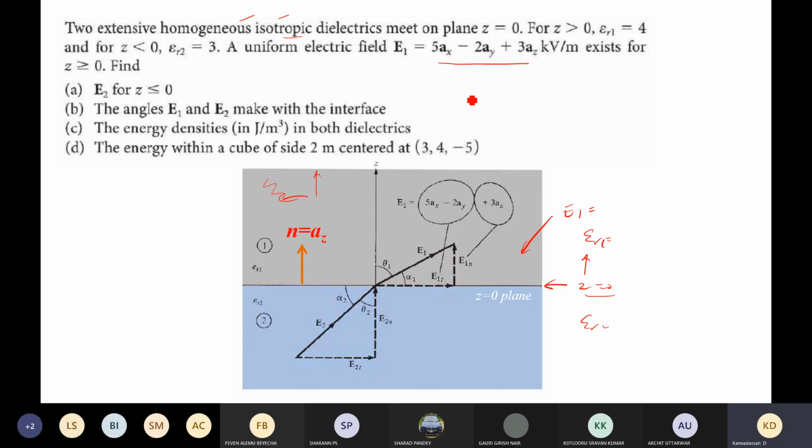Now we have to calculate this E2 in the region. So what is this E2? And we have to find the angle created by E1 and E2 with respect to the interface. Since there are continuous and discontinuous fields, there will always be completely different angles. If both dielectric constants are the same, then interestingly we will get that.